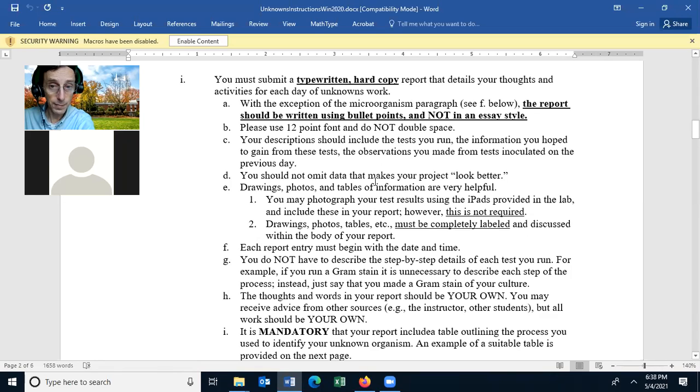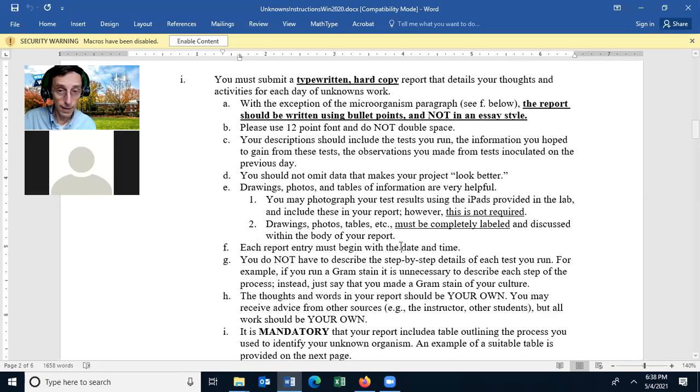Don't omit data to make your project look better. Drawings and photos and tables are very helpful, but they aren't required, with the exception of one table or chart at the end. I'll talk about that. Each report entry must have a date and a time. If you only did one experiment in one day, you only need one date and one time.